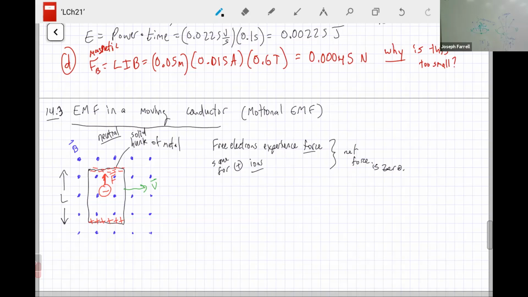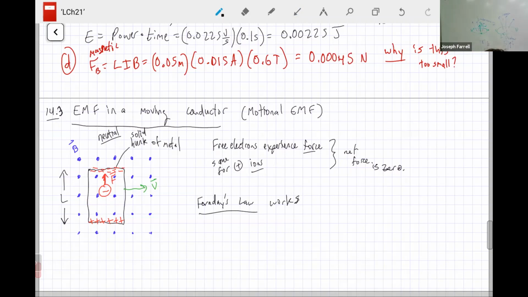So I'm going to go into a little more detail about this than your book does. Your book uses Faraday's law. Actually, I'll follow what they do here just to illustrate that. So Faraday's law works here, even though there's no induced electric field. This is just regular stuff. You can imagine the change in flux here.